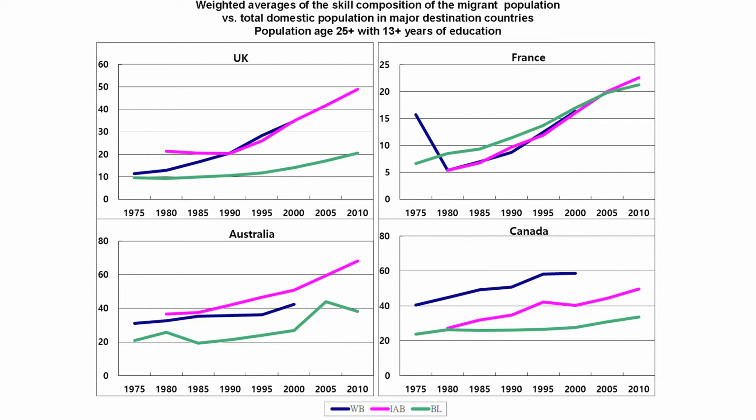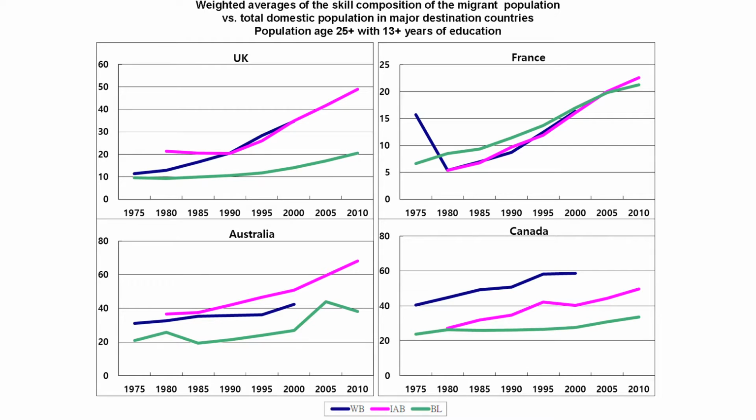So the definition of skilled immigration here is those who had some college education, so 13 plus years of education. Okay, so the different colors come from 2 sources of data that we have. One of them is the World Bank, where we got most of the data.